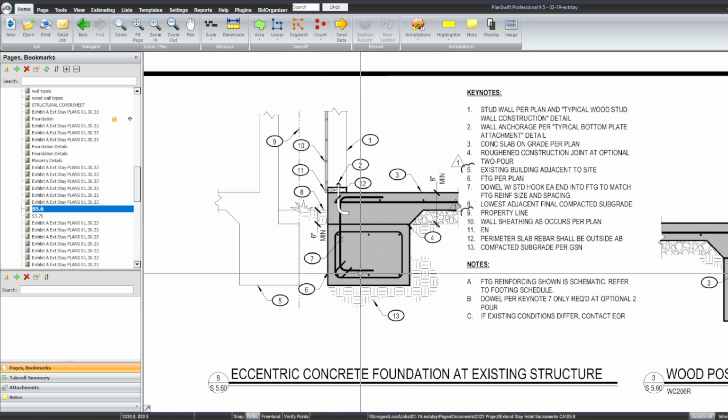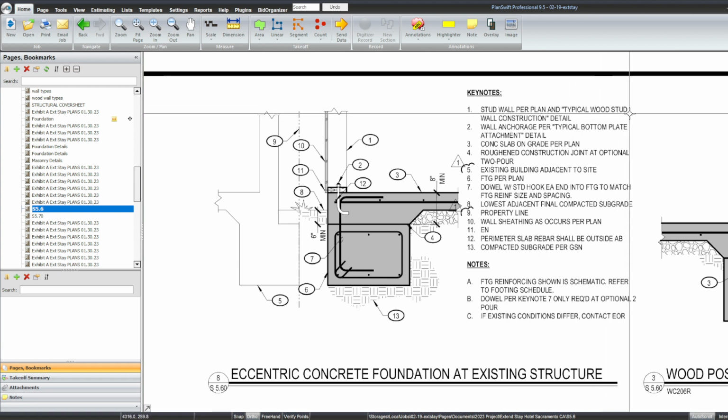Okay, and so the stud is saying per plan, typical wood stud wall, probably 6 inch. We'll look in the architectural set for that. That's 110, most likely a shear wall.